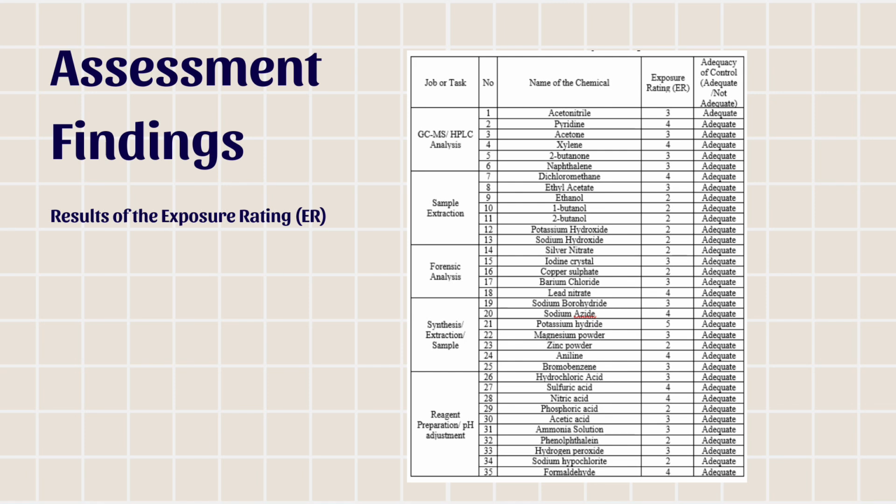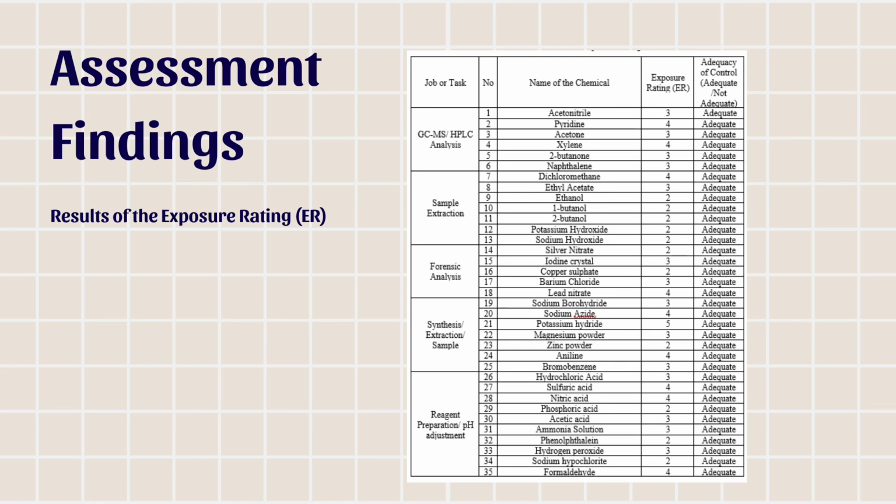Chemicals such as ethanol, potassium hydroxide, and sodium hydroxide receive lower ratings, while chemicals such as pyridine, xylene, dichloromethane, lead nitrate, sodium azide, aniline, sulfuric acid, nitric acid, and formaldehyde receive higher ratings.